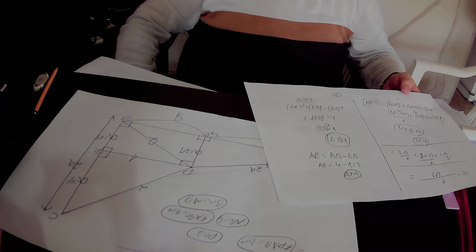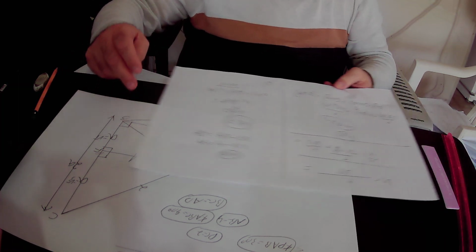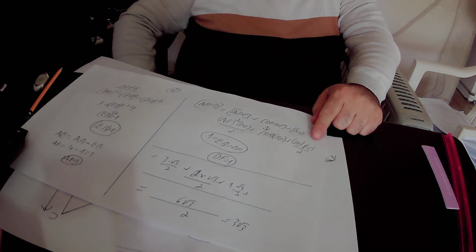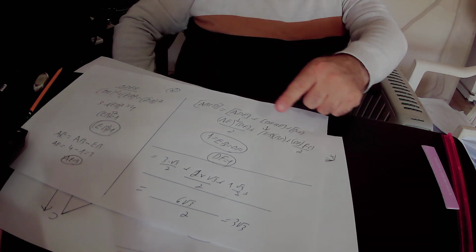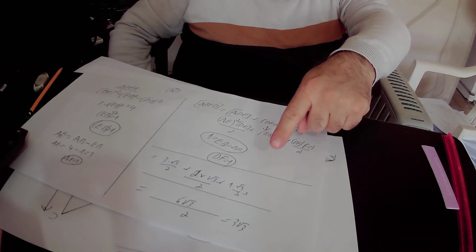The area of triangle DCF is DF times CF over 2. DF is 1, so it is 1 times square root of 3 over 2.